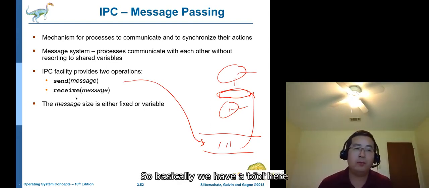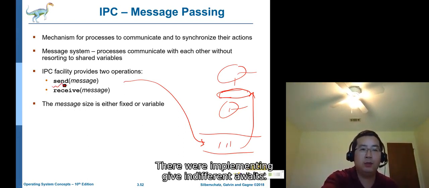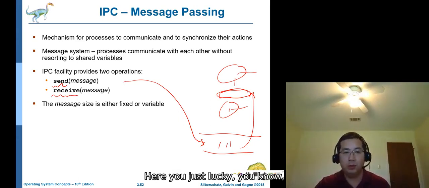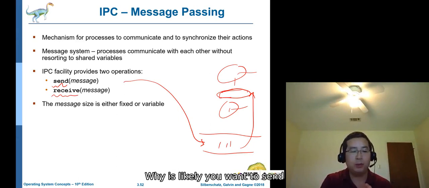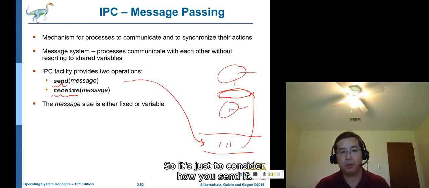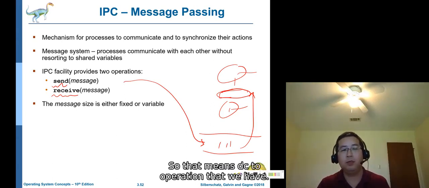Of course, different operating systems implement this in different ways, but you need to know we have these two operations. One is to send a message to another process, and the other is to receive a message from another process. If you send, there must be a receive.